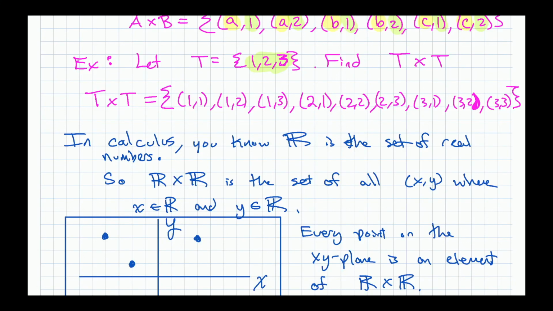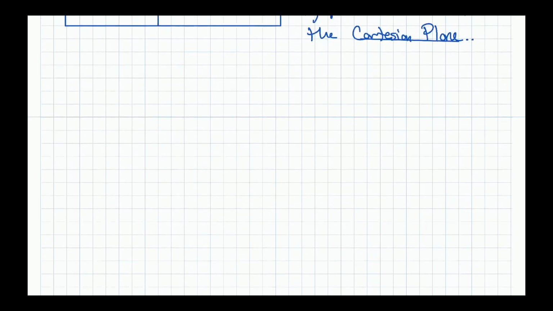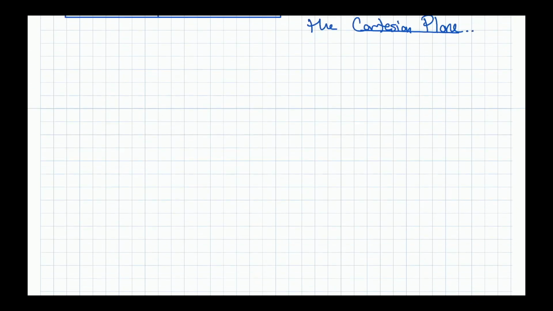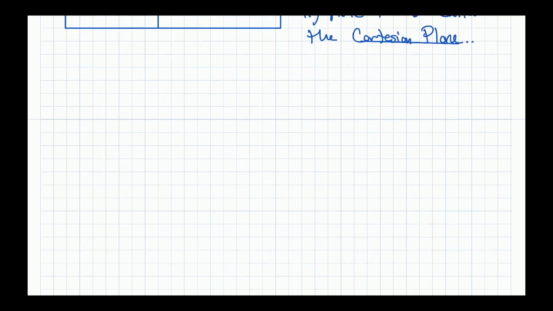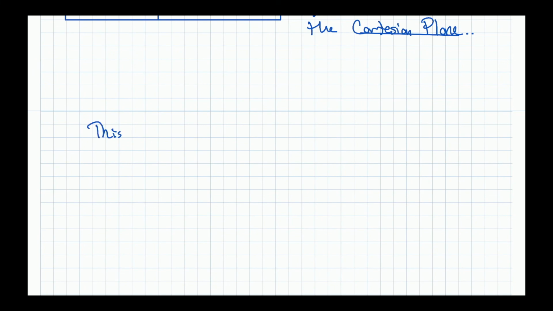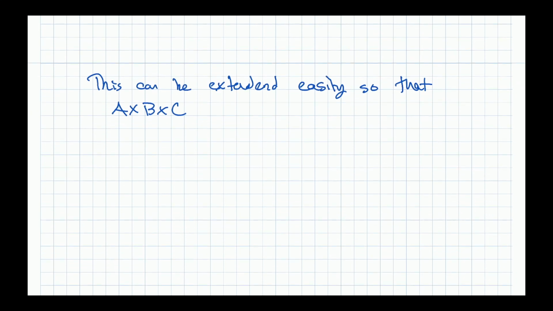Now you can extend this to higher products. It can be extended easily, so that, for example, A cross B cross C. Let's even go further.